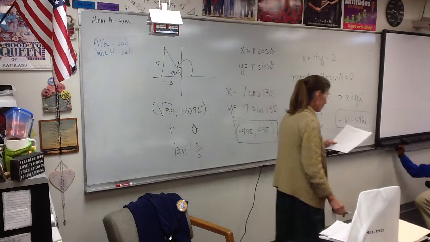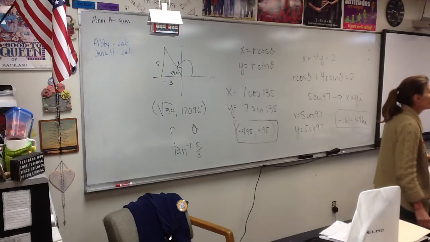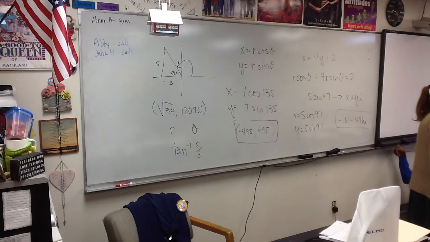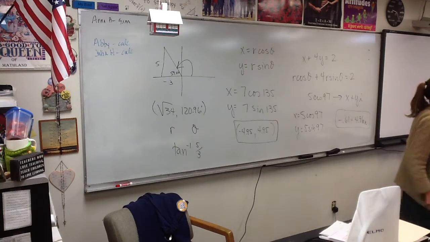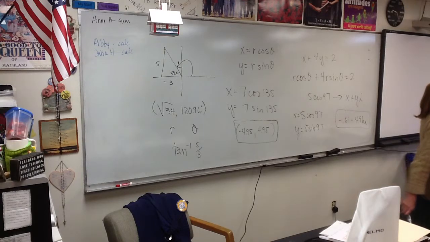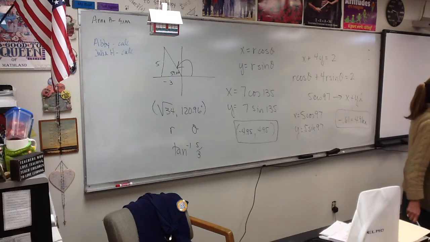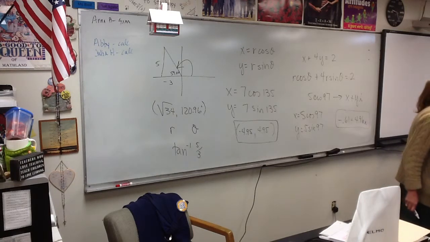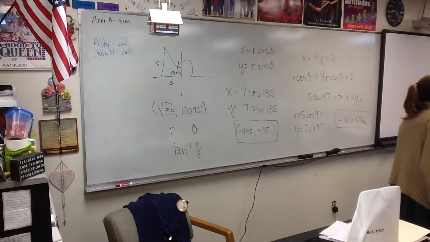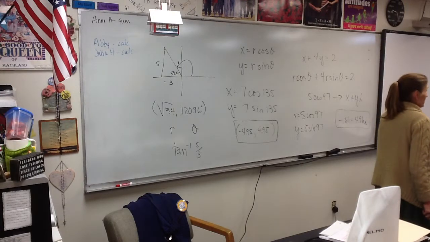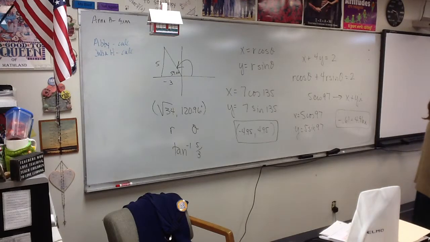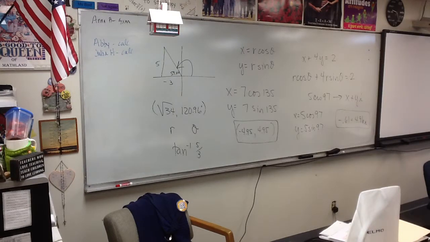Where would I plot the point negative 4 comma 10? That's a negative 4, so what does that tell me to do? Go to the opposite angle. And what's the opposite angle for 10 degrees? 190. If you want to travel to the opposite, don't you go 180 degrees in a 180 degree turn?